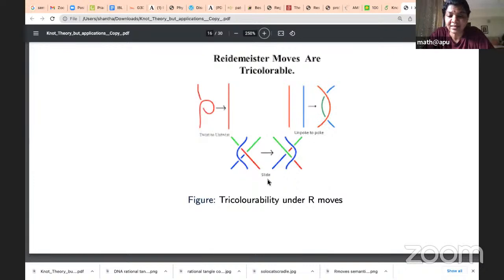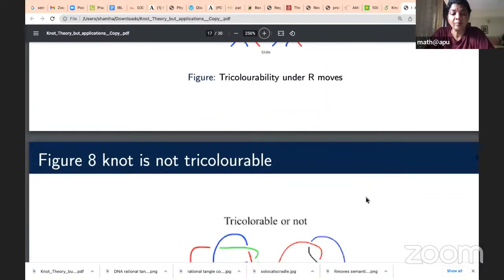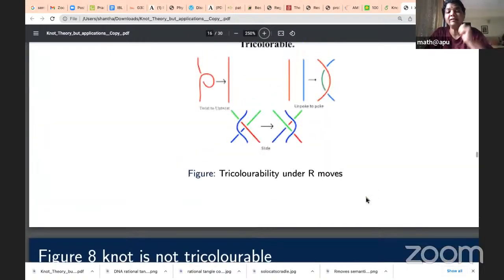Similarly, in the slide move, we are very careful that all 3 colors are used or only 1 color is used. And by sliding, the tricolorability remains intact. Because of this, we get the result that tricolorability does not change. If two knots are equivalent, they remain tricolorable or they're not tricolorable.